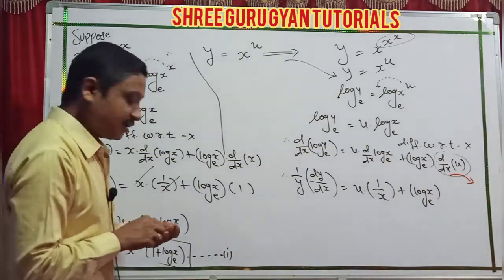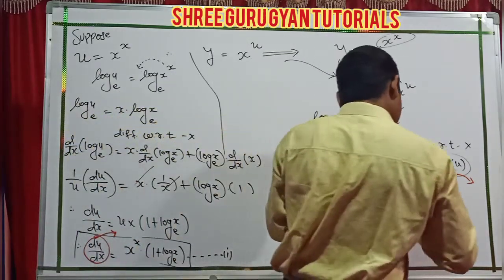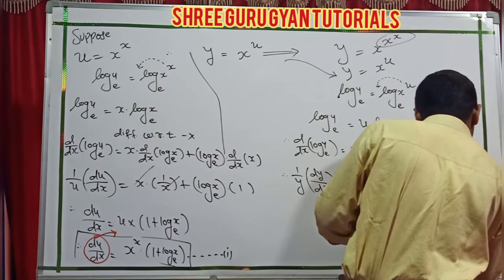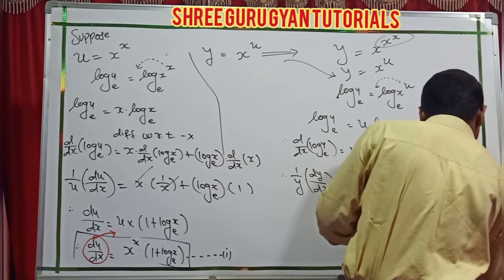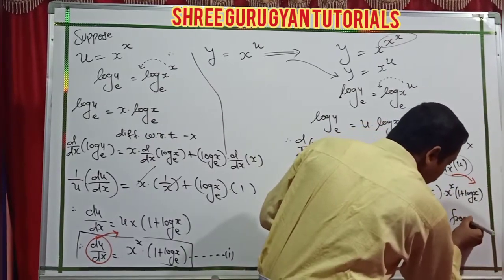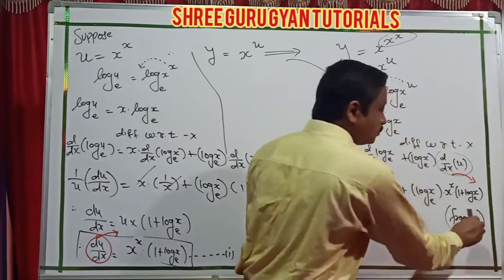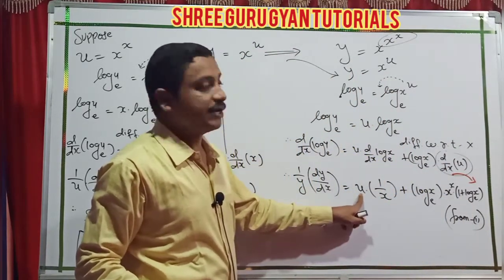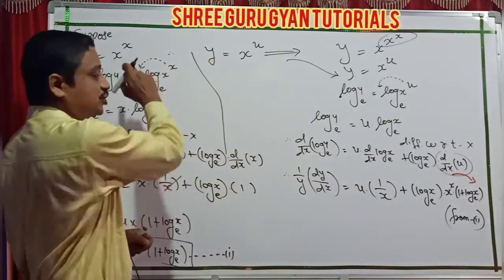Means from 1, I just apply there x raised to x into 1 plus log x base e from 1. Now this u, you just substitute it. What is your u? x raised to x.